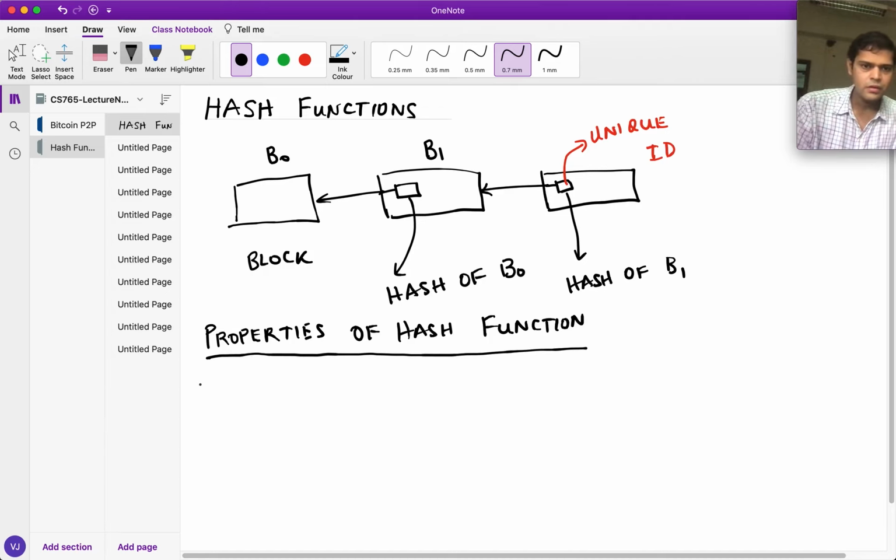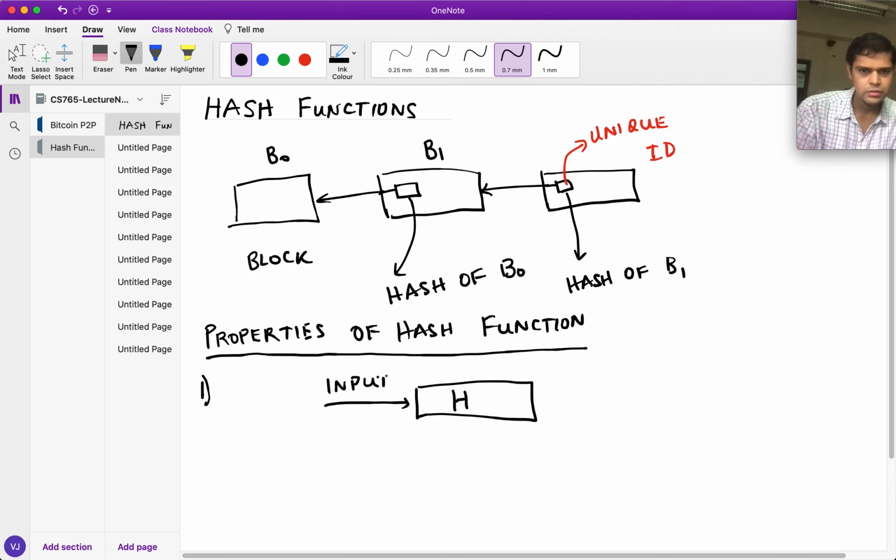Effectively it looks something like this. You have a hash function, and you have an input, and you have an output.